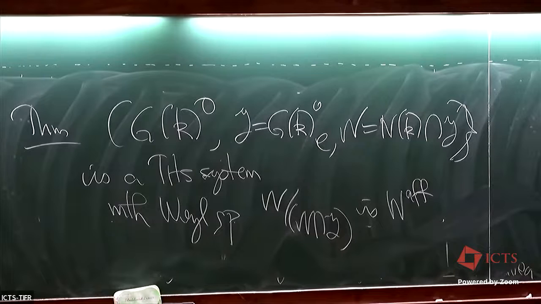And Tits systems have such fantastic group theoretic properties that you can make a polysimplicial structure that keeps track of a lot of the group theoretic information. And it turns out that the polysimplicial object attached to this purely through group theory happens to exactly match the collection coming from these apartments, as I'll describe in a moment.